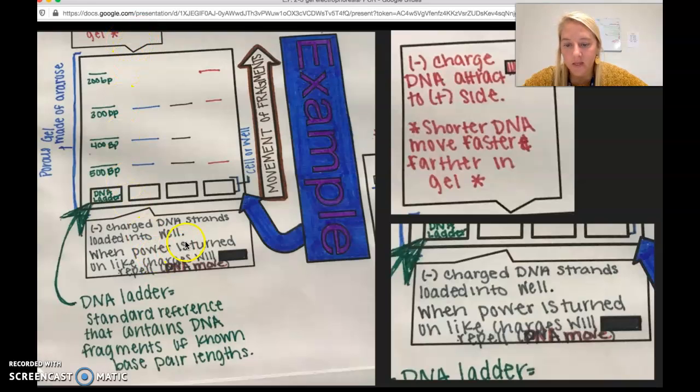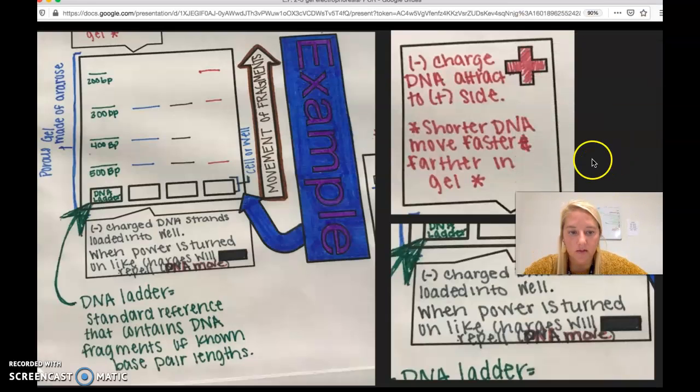When the power is turned on, the like charges repel, so our DNA molecules will start moving in this direction. A negative charge of DNA will be attracted to the positive side. The shorter the DNA, the faster and farther it moves in the gel.